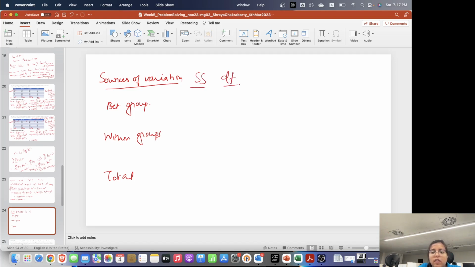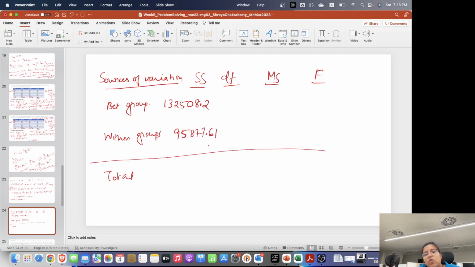Then sum of squares, degrees of freedom, mean squared, F. The between group came out as 132,508.2, and the within group was 95,877.61. The total sum of squares is adding these two up. So how much are we getting? 228,385.81.